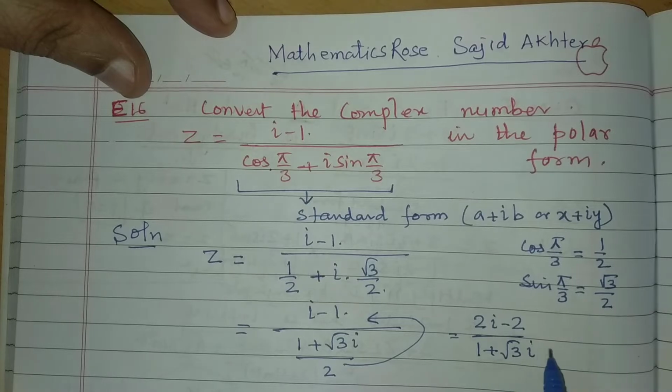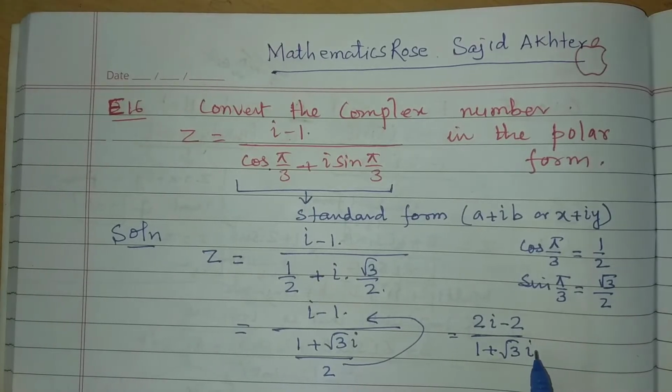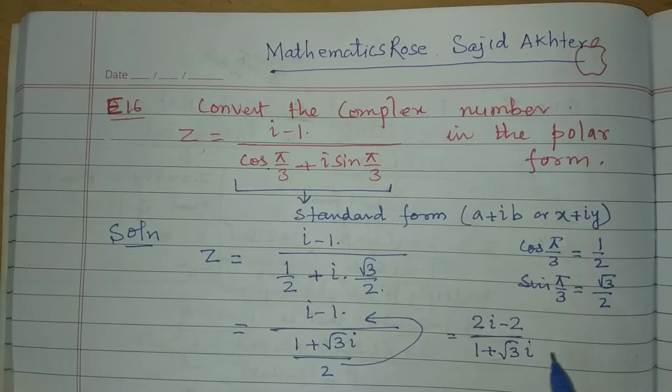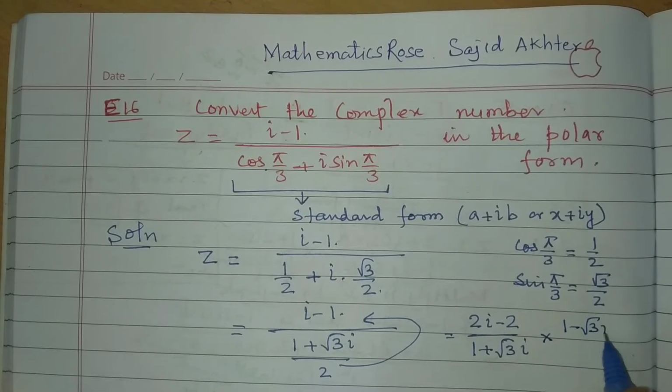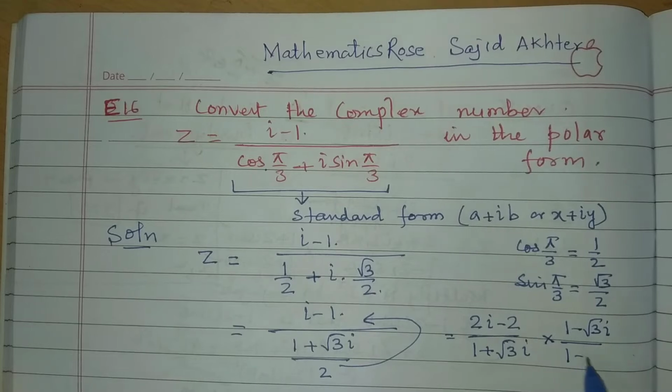Now we have to convert it to standard form, so we multiply by the conjugate of the denominator.